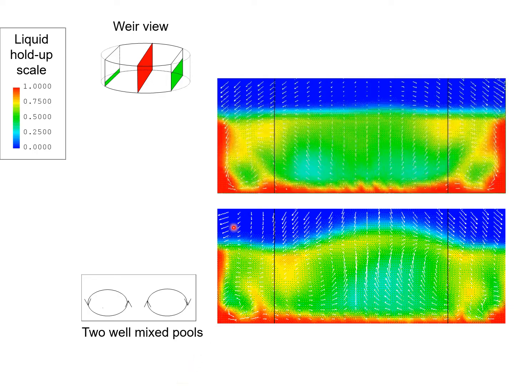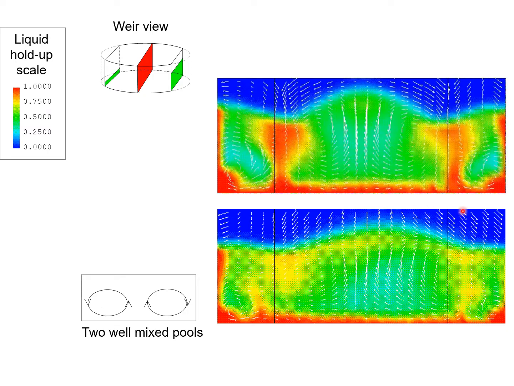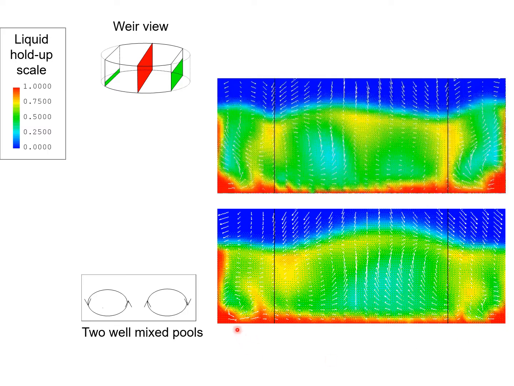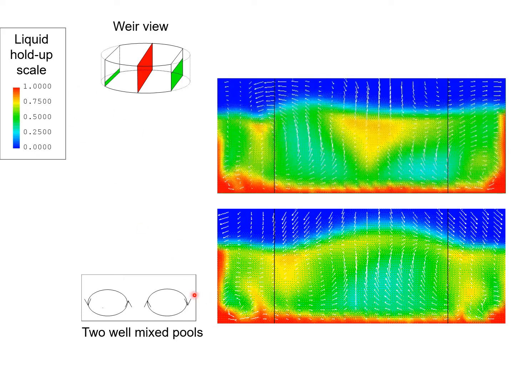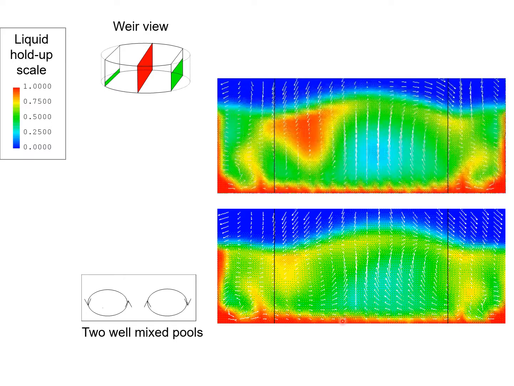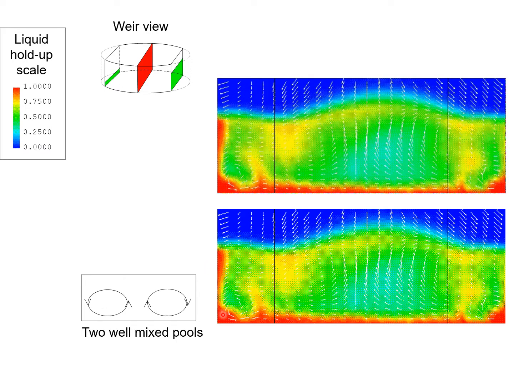We see the gas cap here and high concentration of liquid on the tray. We also note there is a higher concentration of liquid near the edges here, indicating there is some degree of stagnancy of the liquid near the edges of the tray.